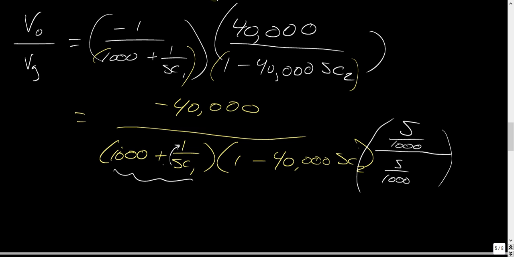Now, if I look at the next part here, how can I get this S all by itself? In order for me to do that, I need to do something similar. 40,000 C2 all over 1 over 40,000. Now this might look a little crazy, but it really would be something you would do in multiple steps.